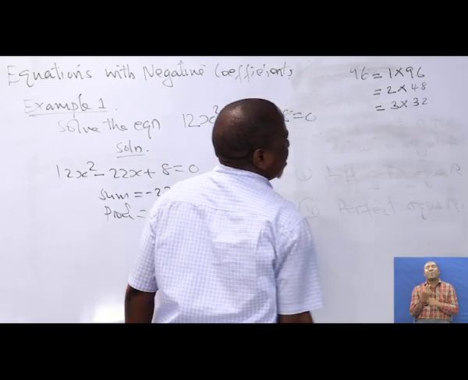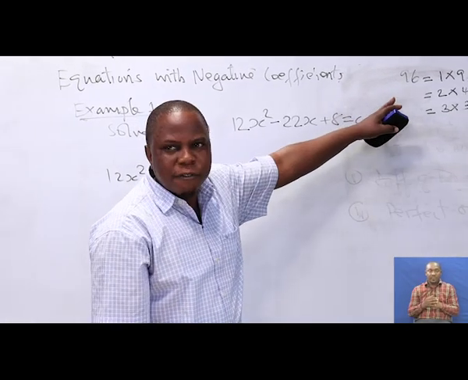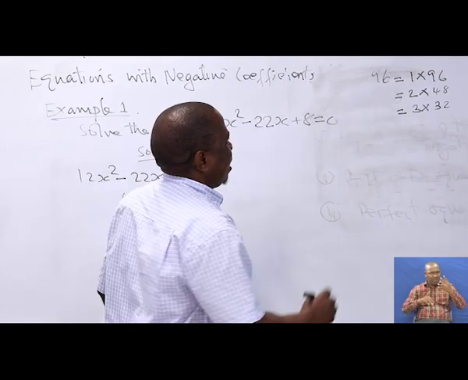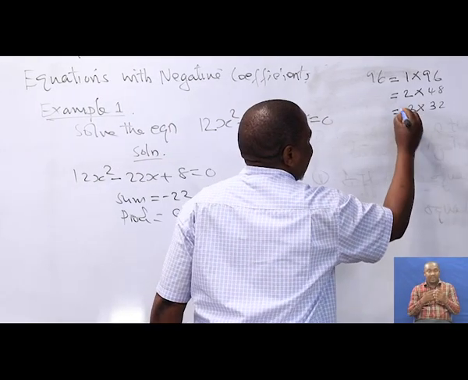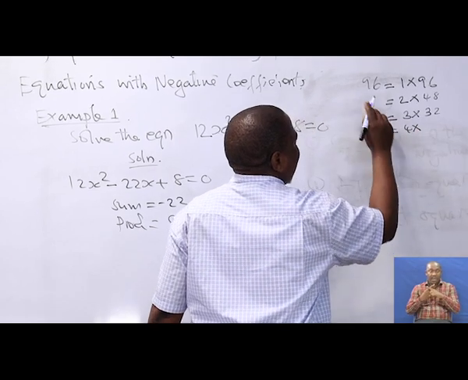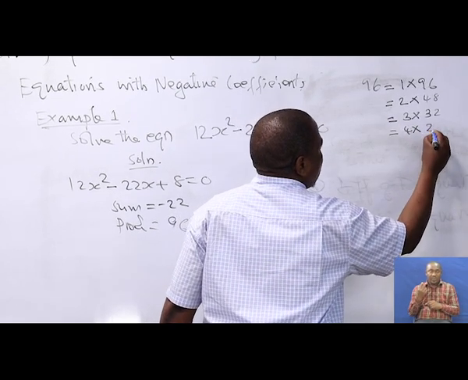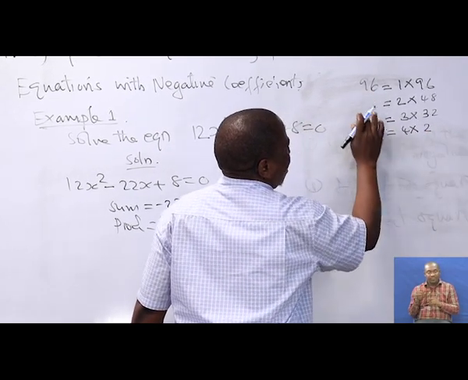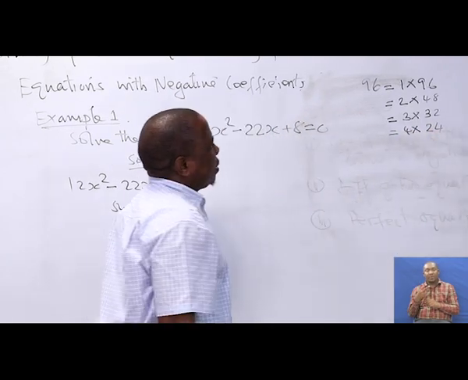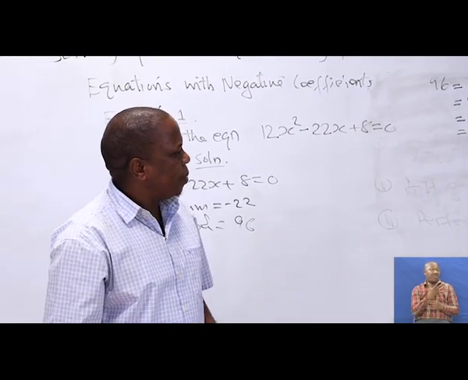Is 96 divisible by 4? Yes. It means 96 can also be written as 4 times 24. What about by 5? No. By 6?